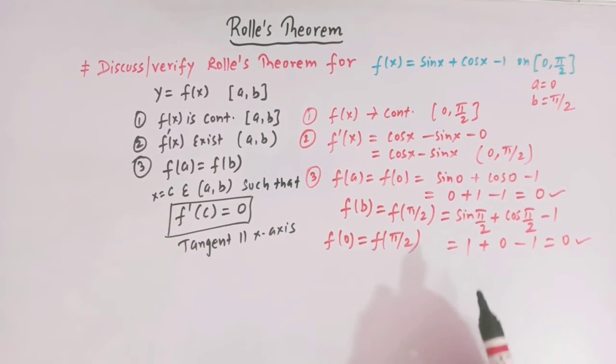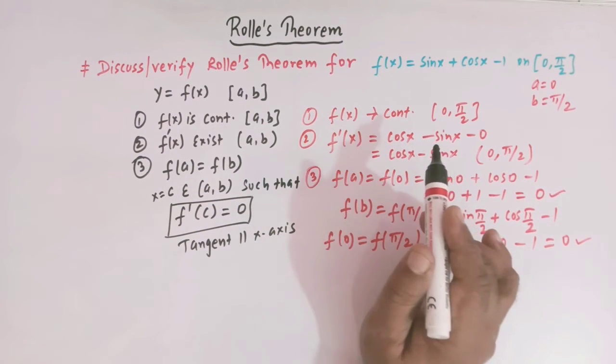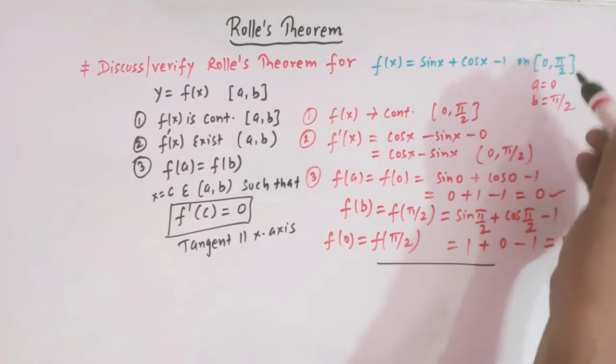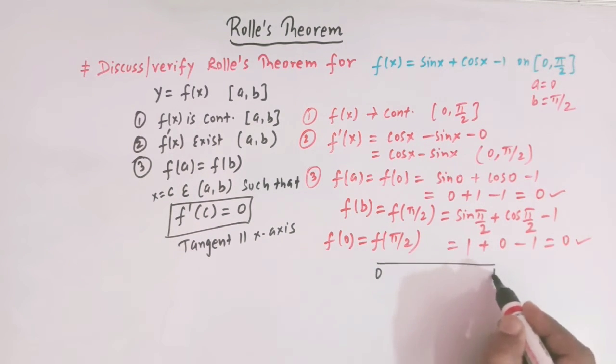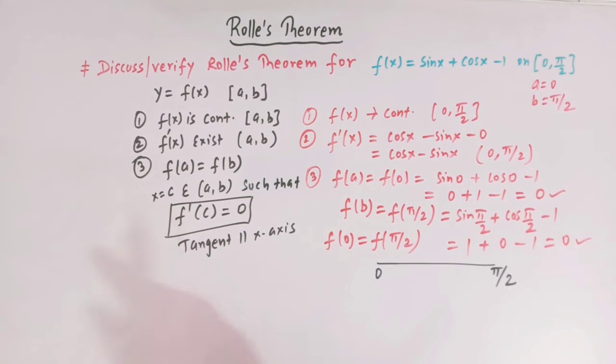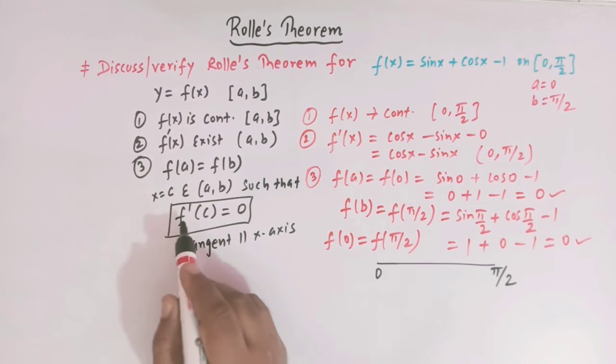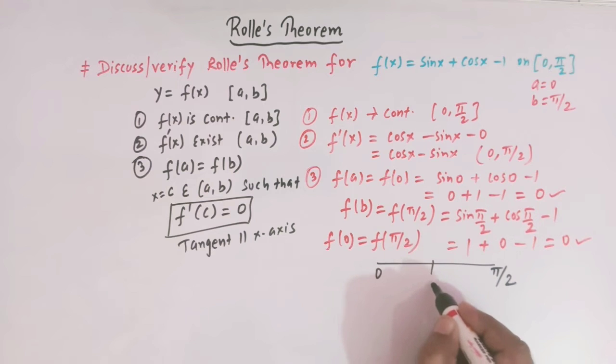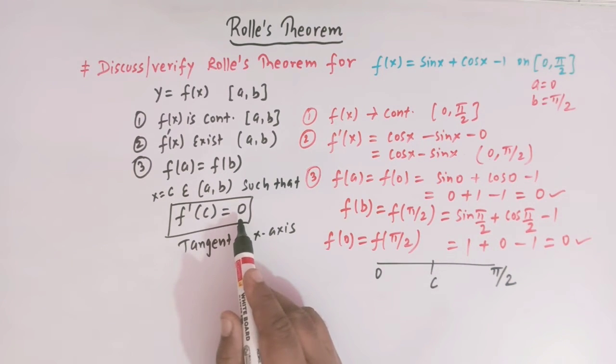Once these three conditions are satisfied, Rolle's theorem says that between 0 and pi by 2, there must exist at least one point at which the derivative of this function at that point, say c, is equal to 0.